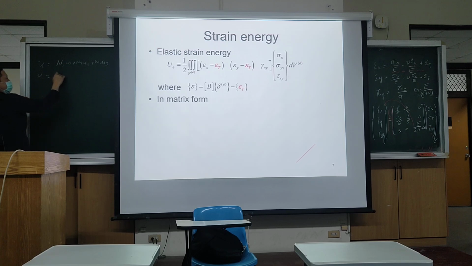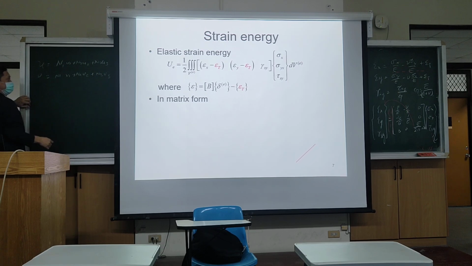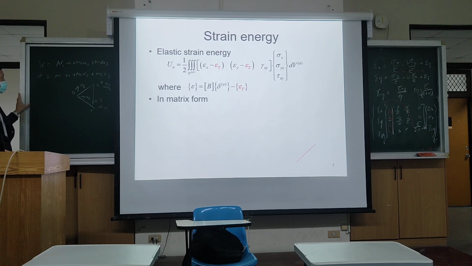Your v is n1 v1 plus n2 v2 plus n3 v3. Okay, this is for the triangular element u1 v1, u2 v2, and then u3 v3. Okay, so your strain in the x direction is del u del x.